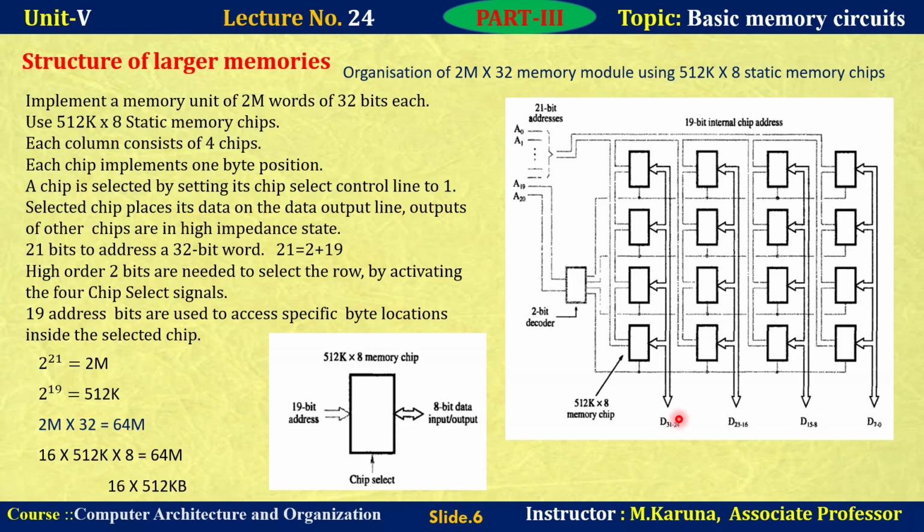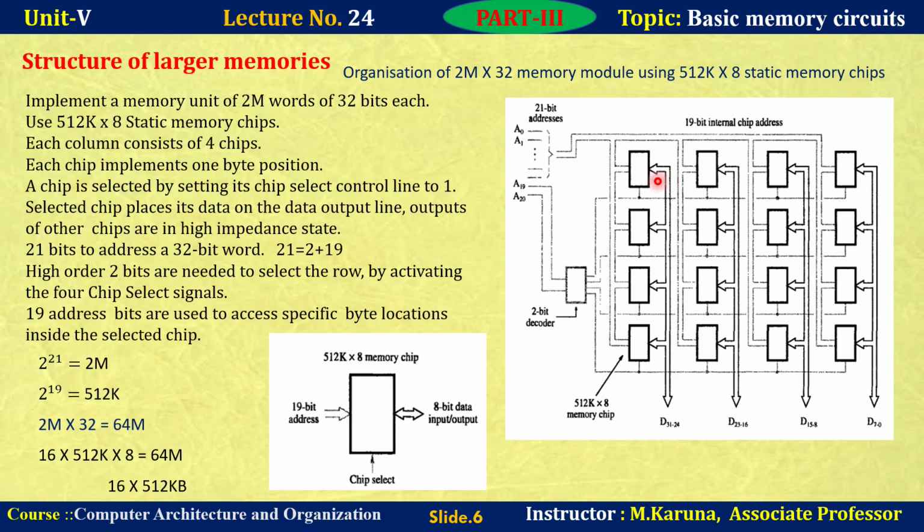Then the total 32 bits can be accessed at a time by selecting the row of memory chips with the help of the A19 and A20 address lines through the 2-bit decoder. Likewise, we can access any data from any row of memory locations. The A0 to A18 bits are used to access specified byte locations inside each chip of the selected row.